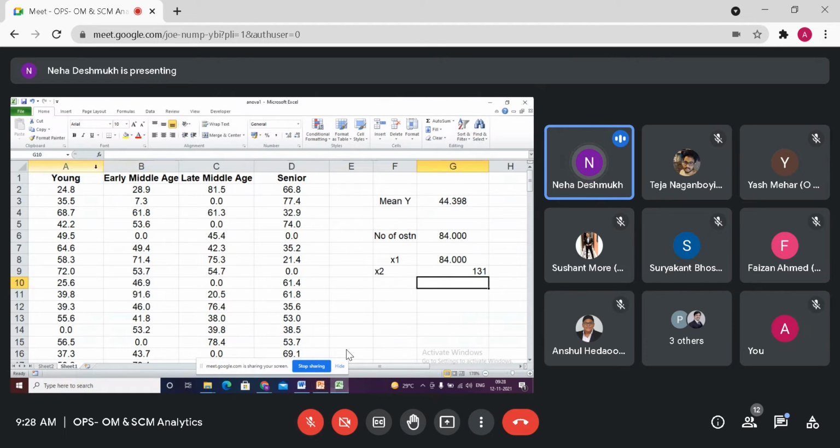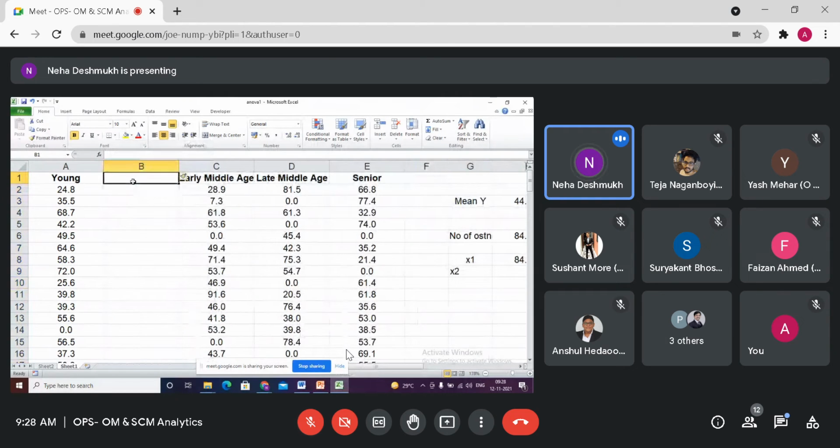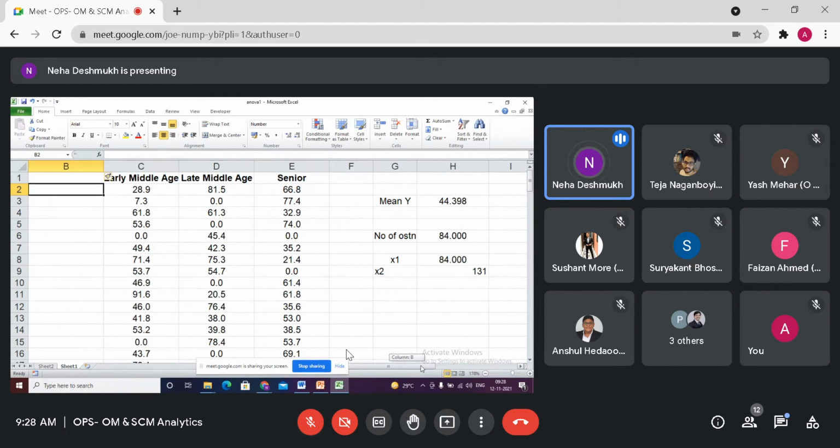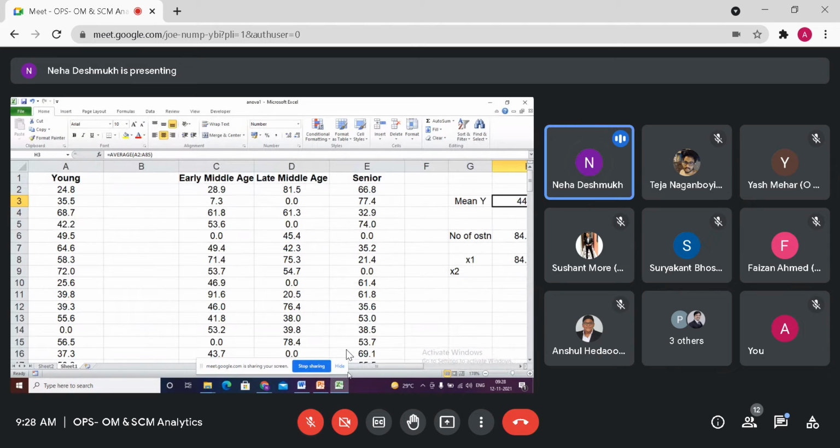How to calculate this? Suppose for this one, S1 square. Let's calculate here. What is the average for this? The average value is 44.93, right, or 44.40. Let's calculate this value. How to calculate?